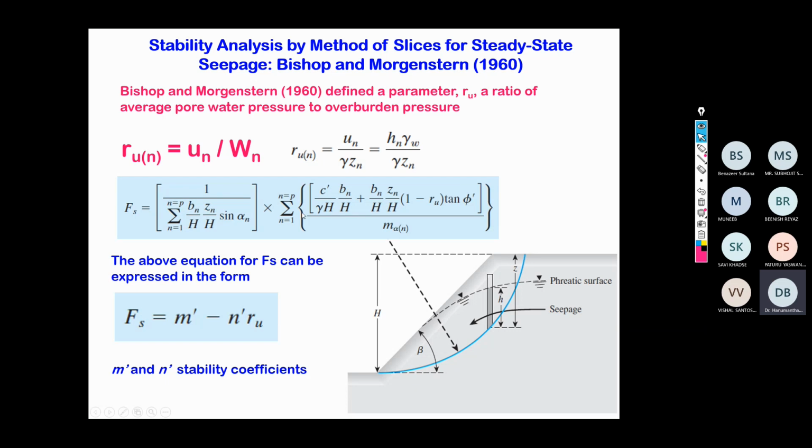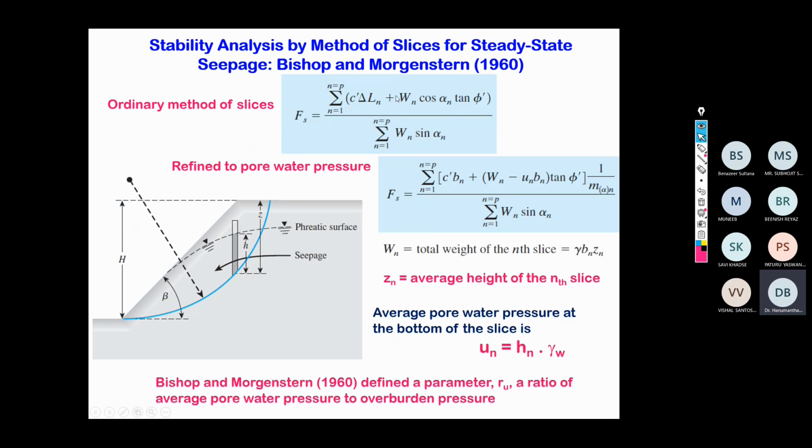See, for example, this is what we discussed yesterday. Now I know Ru is equal to Un by Wn. So Un is nothing but gamma W into H, that is the level of water rise. And sigma is equal to gamma into Z. If you take the ordinary method of slices, this is the equation.